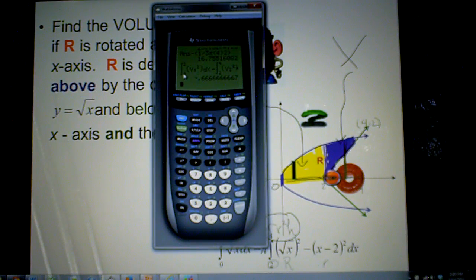I have to go from 0 to 1, y2 squared dx minus, I forgot to do the large one. Big R squared minus little r squared.